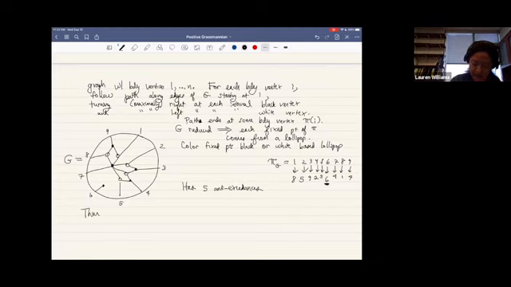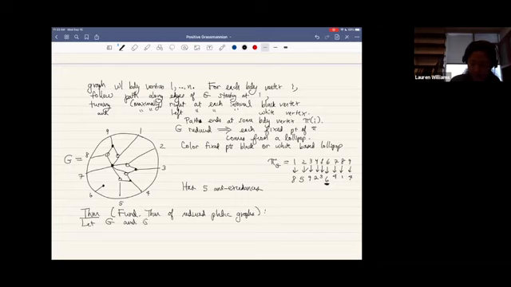Okay, so now there's a very important theorem, which one might call the fundamental theorem of reduced Plabic graphs, which says the following. Let G and G prime be reduced Plabic graphs.